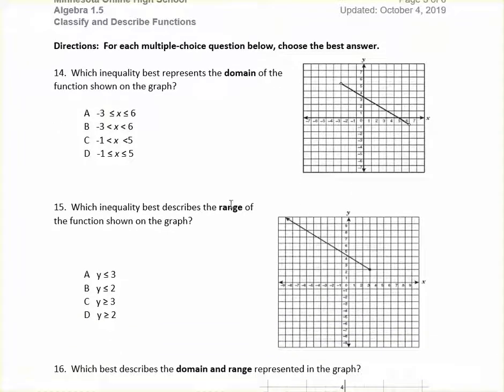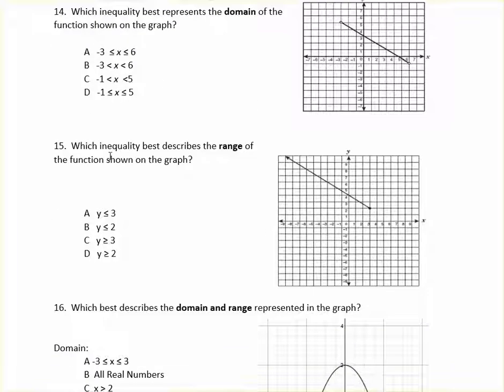For the remaining problems, you're going to be looking at graphs and deciding what the domain or the range is, depending on the question. And it's a matching thing so that you can pick the right inequality or description of the domain for each graph. So remember to read carefully if you're looking for the domain, which is x values, so the x values are on the horizontal axis, or the range, like in number 15, you're looking for the range, which is the y values.